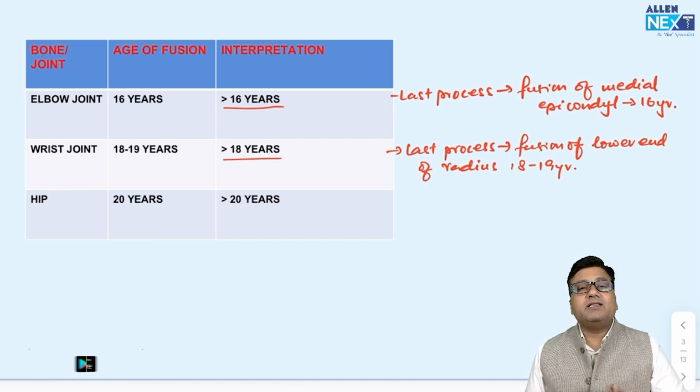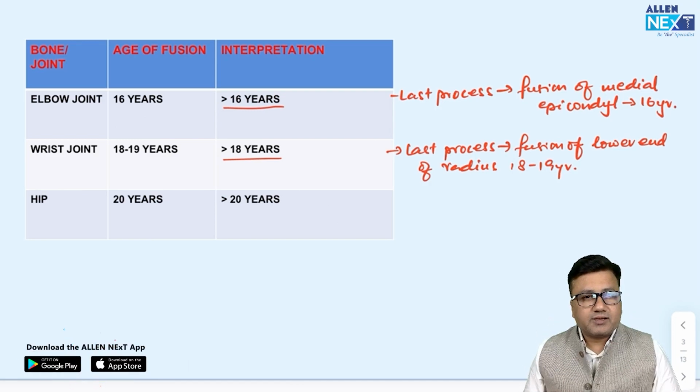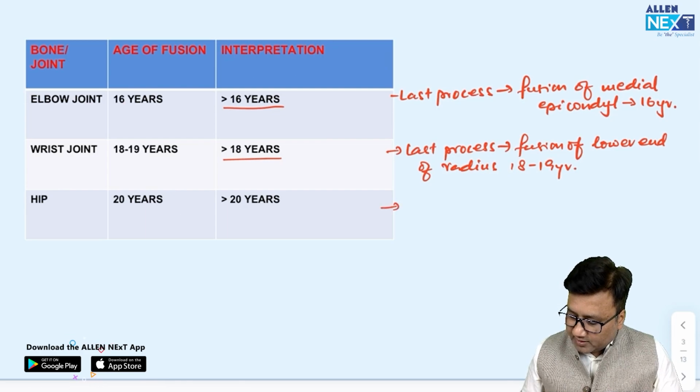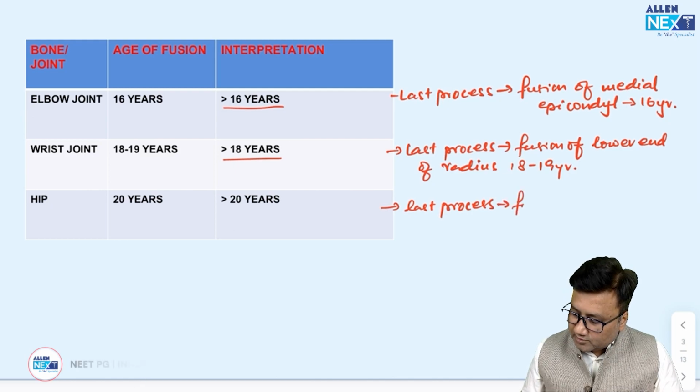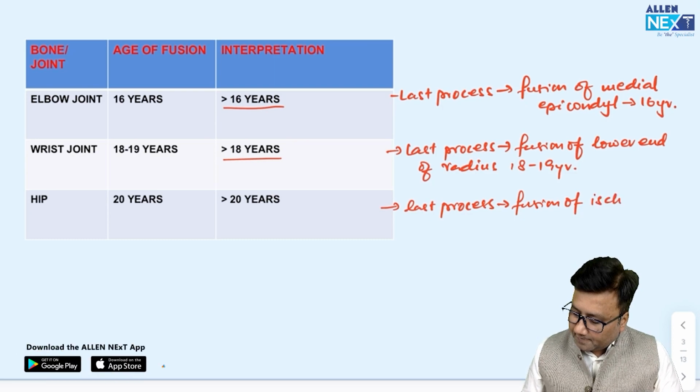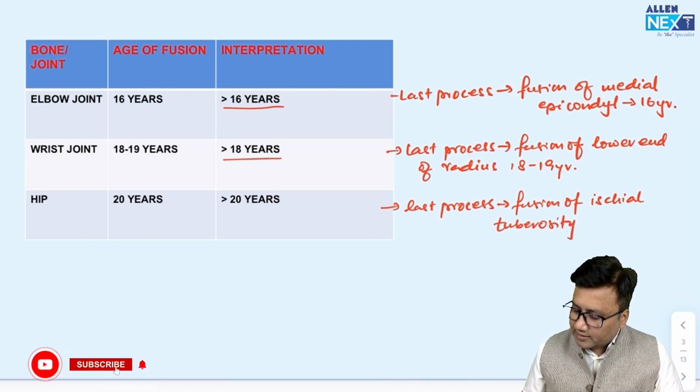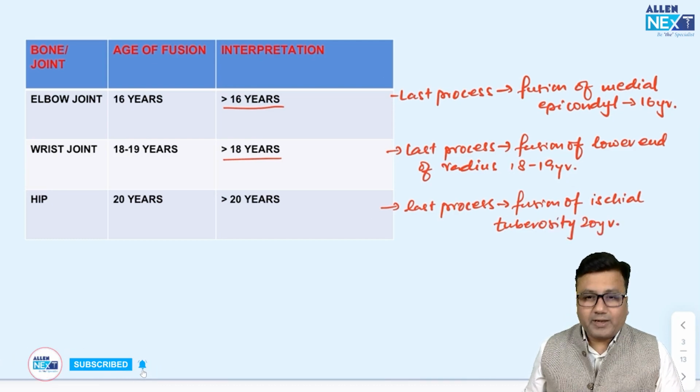Okay, and in the hip joint, what we can see in the x-ray, the last process would be fusion of ischial tuberosity. This happens at 20 years.